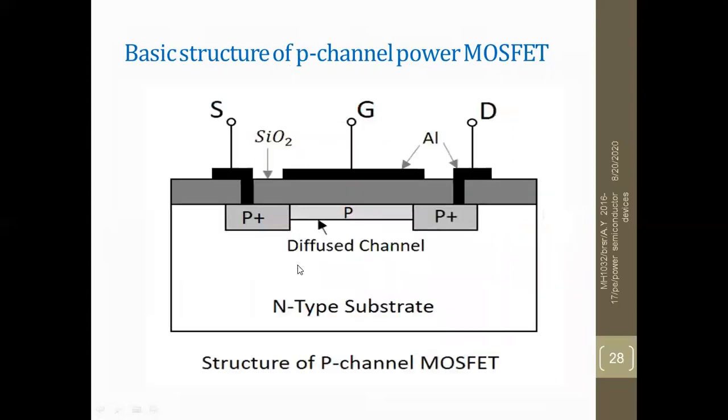Next, what about the P-channel depletion type MOSFET? The P-channel depletion type MOSFET is the opposite of the N-channel depletion MOSFET.